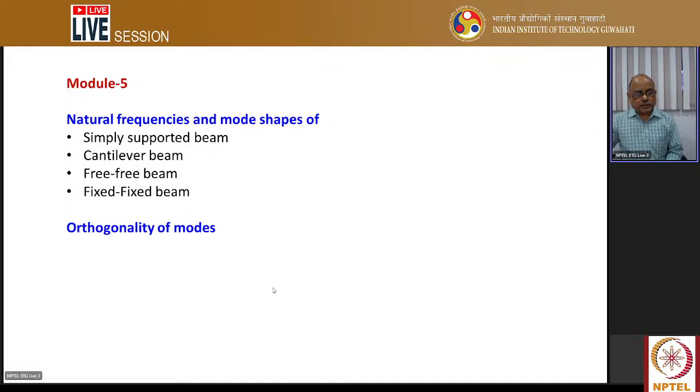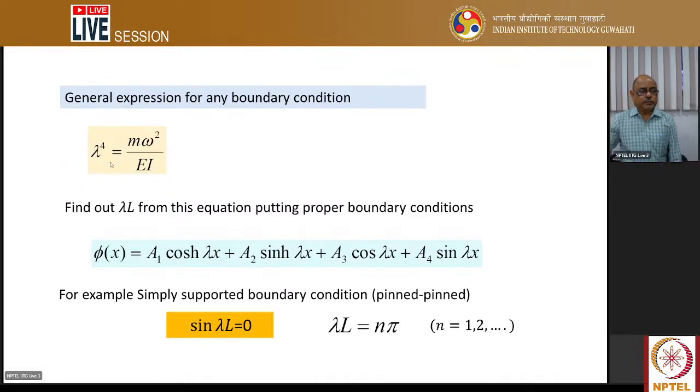Once you get this discretized time domain solution for the kth mode, you can use it with the mode shape function and write the complete equation for the response, that is the transverse displacement of the beam. The different boundary conditions influence the mode shapes, as you are clear from the earlier classes and the lectures that have been given.